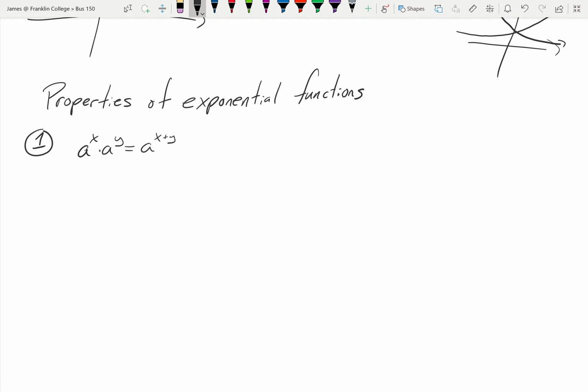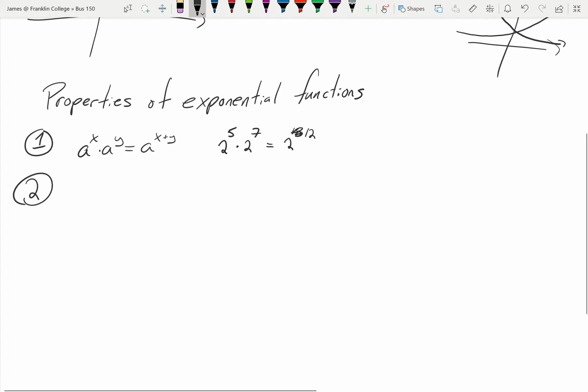So for example, if we have 2 raised to the 5 times 2 raised to the 7, well, since they're of the same base and we're multiplying by each other, this is the same thing as 2 raised to the 5 plus 7, or 13. It's 12. Sorry for that mistake.